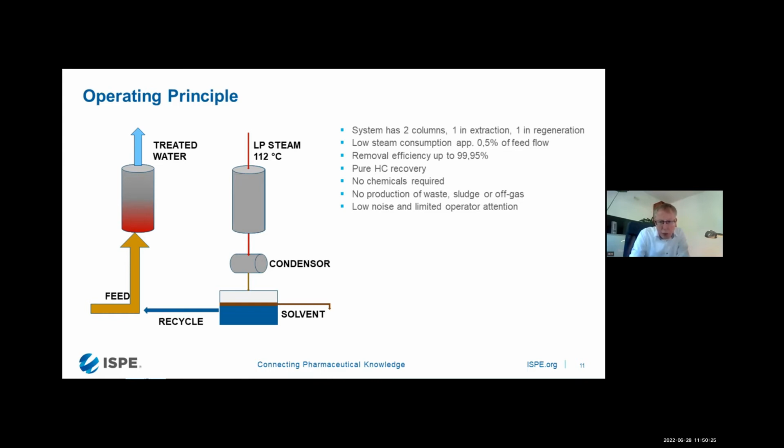We have some small pumps in there. You don't see all the equipment here, but you can imagine, for instance, that the recycle stream needs to be pumped into the feed stream. But again, this is a very small stream because we only have a very low steam consumption, so only a fraction of the feed will be used for steam.